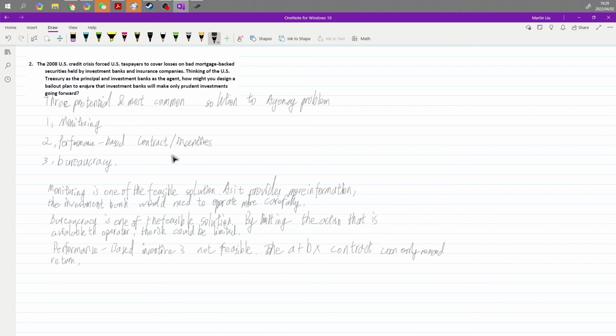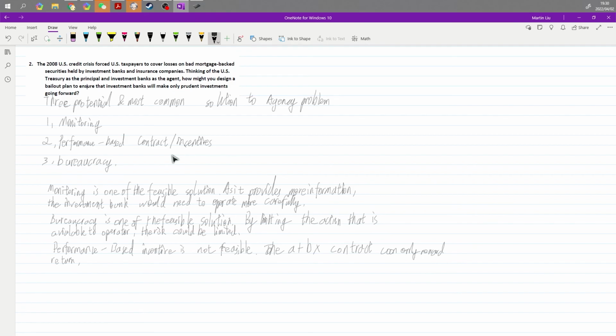For example, more monitoring and this and that, which essentially, going back to the first idea we mentioned, monitoring definitely works, but performance-based incentive on itself definitely does not, because we can only use performance-based incentive on something that is measurable.